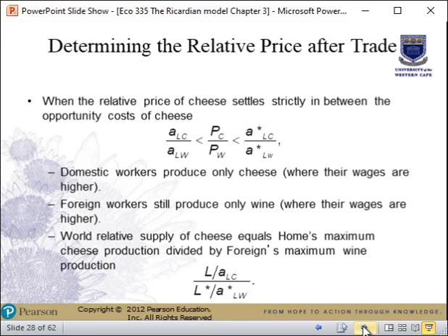Therefore, the world relative supply of cheese equals the maximum cheese production divided by the maximum wine production. Remember, this maximum cheese production is being produced by the home nation, and the maximum wine production is being produced by the foreign nation.